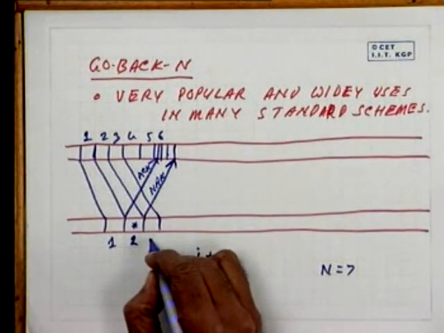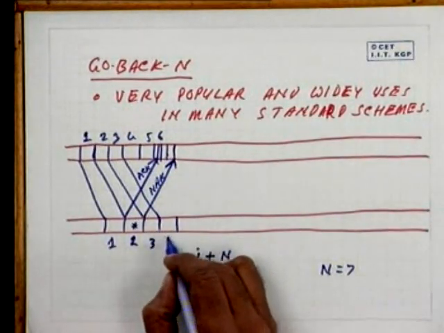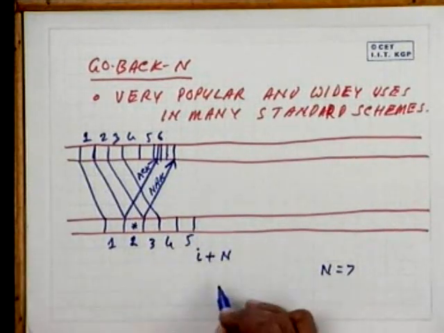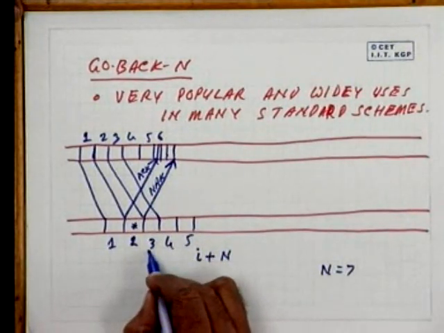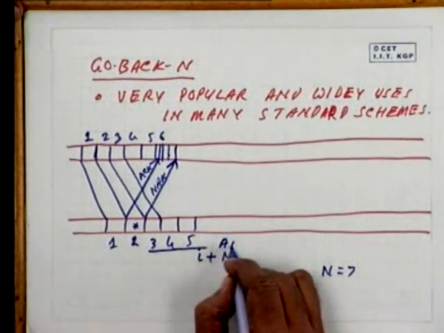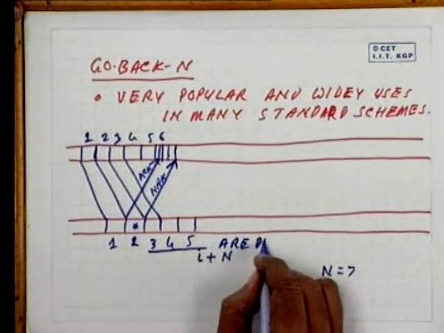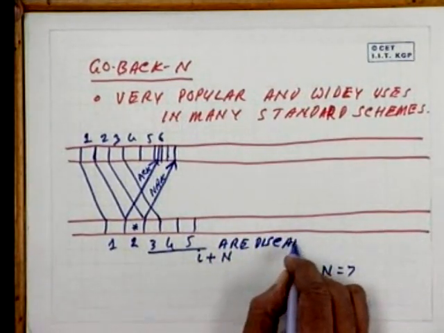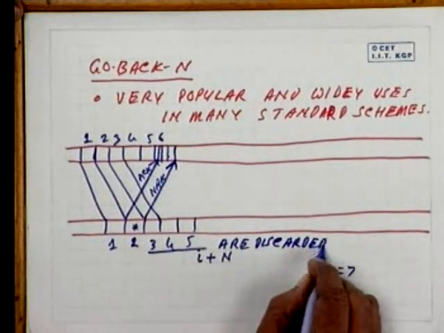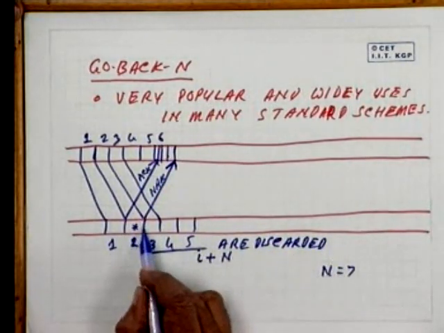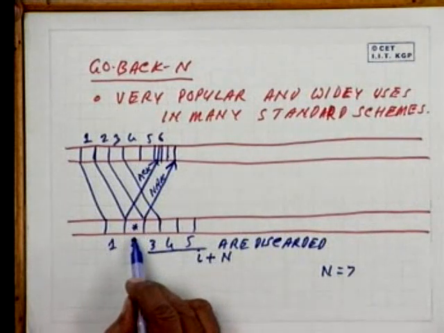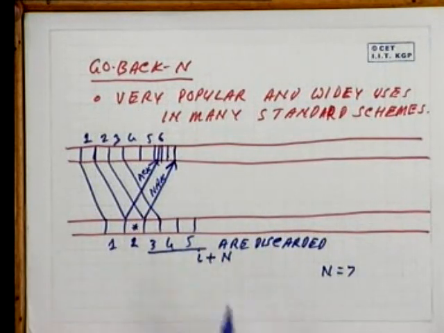It has received 3, 4, 5, but these frames are discarded, since frame 2 has been received in corrupted form, and the subsequent frames are discarded by the receiver.